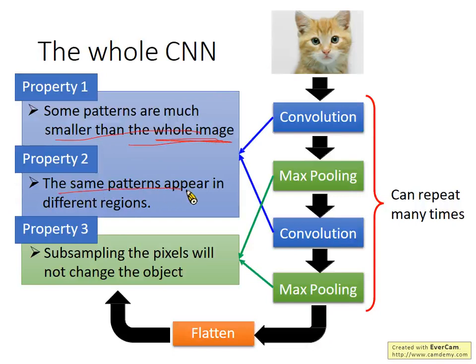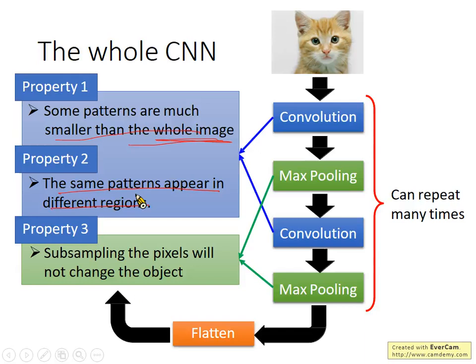Also, the same pattern may appear in different regions. So, as we say, we use a sliding window to do the convolution, and this sliding window may appear in different regions inside the whole image.